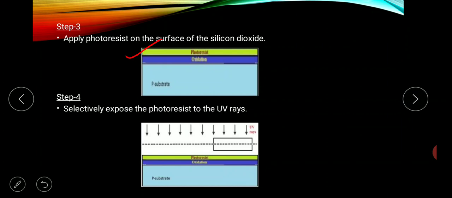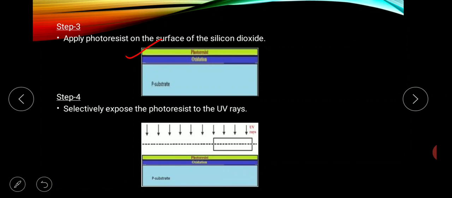Step 4. Selectively expose the photoresist to UV rays. The entire photoresist is never exposed to UV rays. We expose it selectively, so some parts are covered and some parts remain open to get the UV rays.